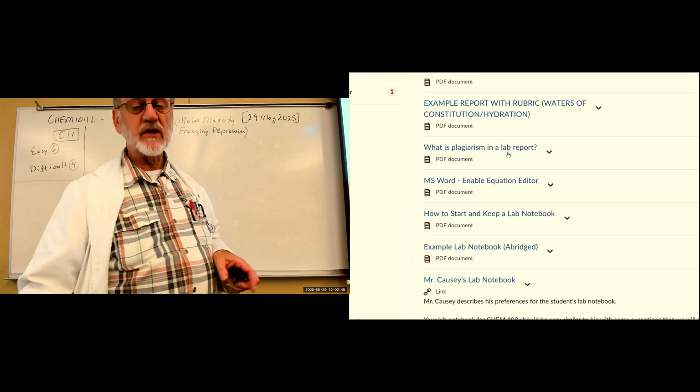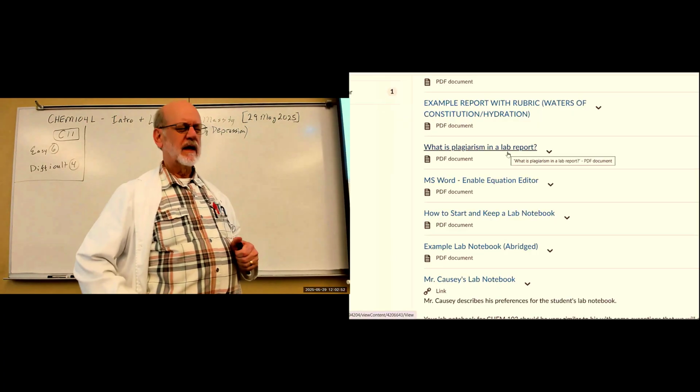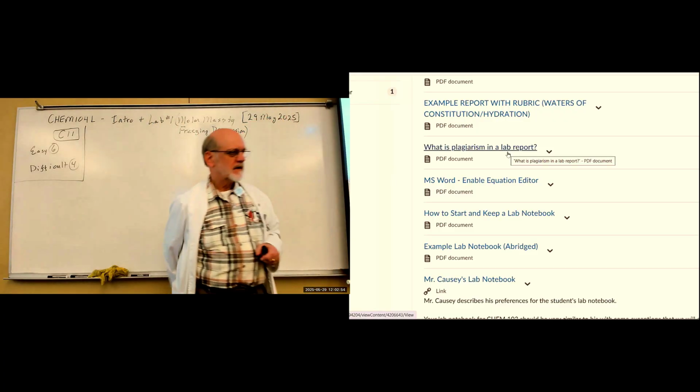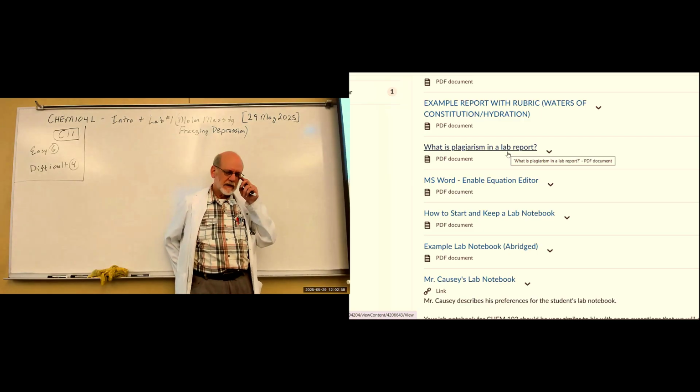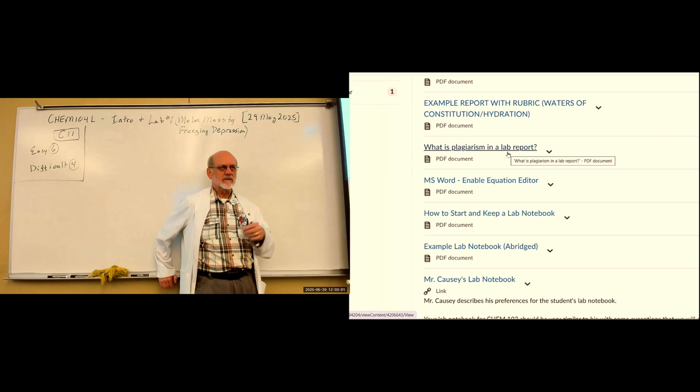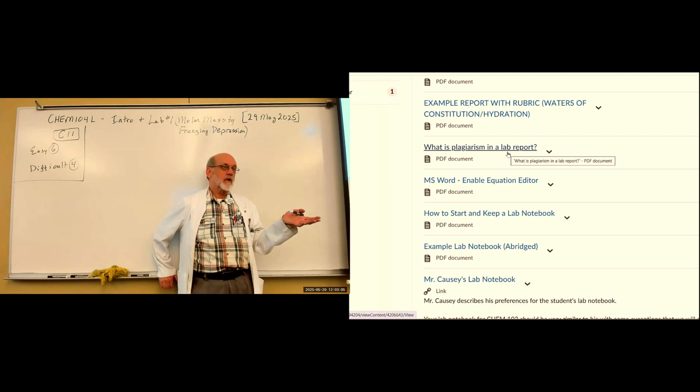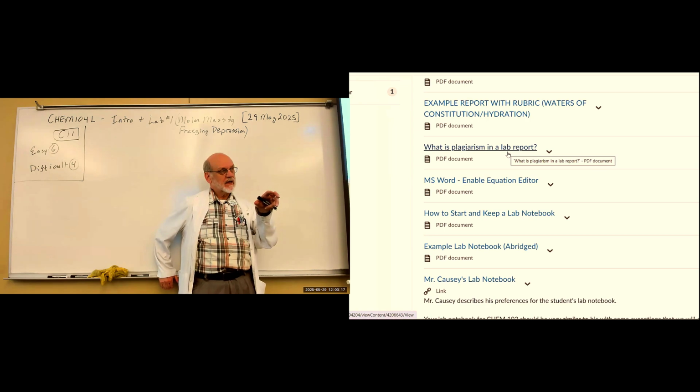There's what's plagiarism in the lab report. Plagiarism is easy to determine in a liberal arts course like English or social studies: you just don't copy somebody else's work without giving them credit. But it may be a little more subtle in lab reports. What you're expected to have in common among lab reports is the same data that your partner has in your group.